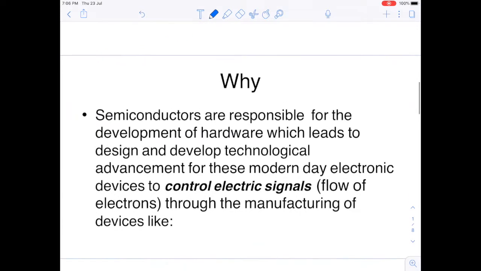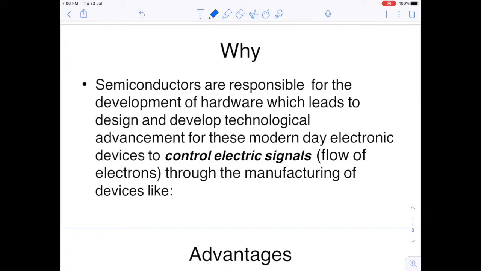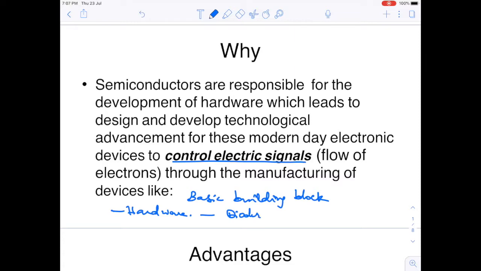Now, let us see why. Semiconductors are responsible for the development of technology and modern day electronic devices, like the laptop, camera, cell phone, washing machine, and refrigerator that we often use. For all these modern electronic devices, semiconductors are the basic building block of the electronic circuits which form the hardware, through devices like junctions formed by semiconductors, such as diodes and transistors, then integrated chips.